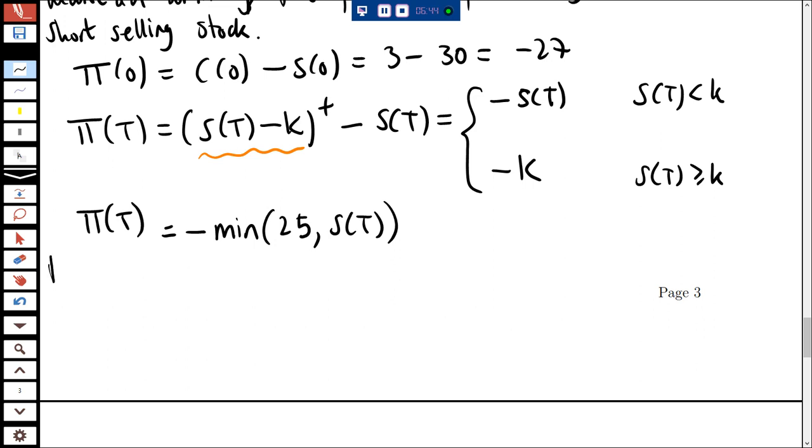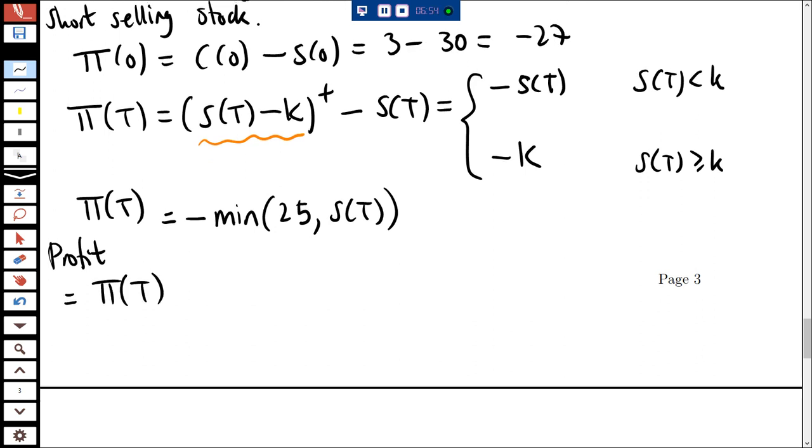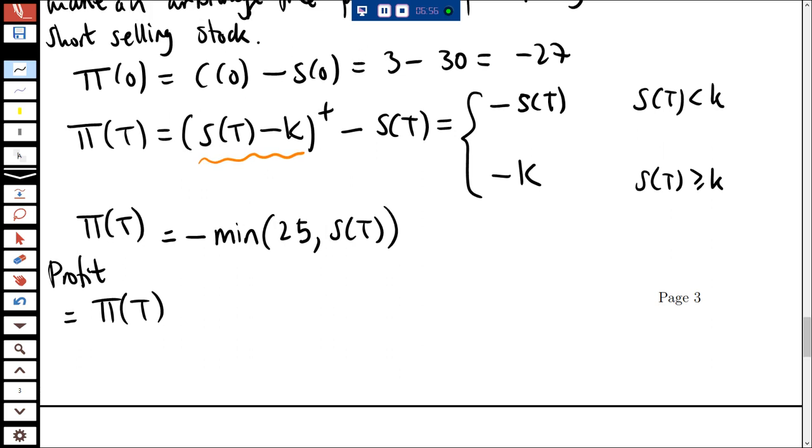How about the profit? Well, we have this cost to us, and we also have the proceeds. Okay, so this is going to be our profit. We have the portfolio at time T, take away the initial investment, which is going to be compounded to the future value.